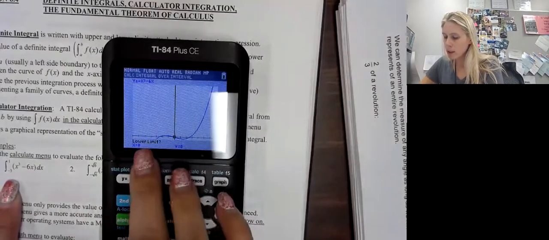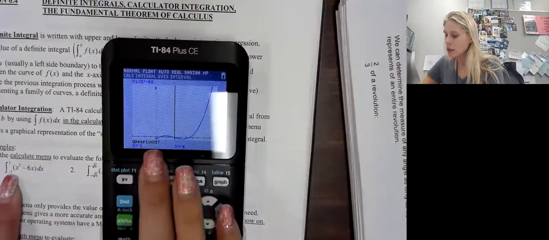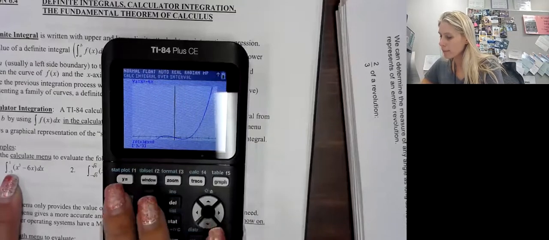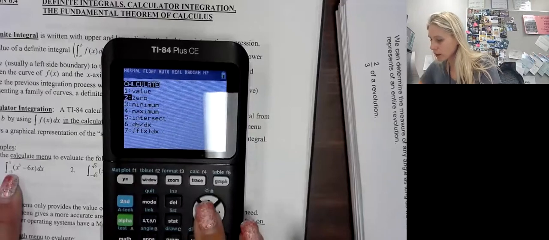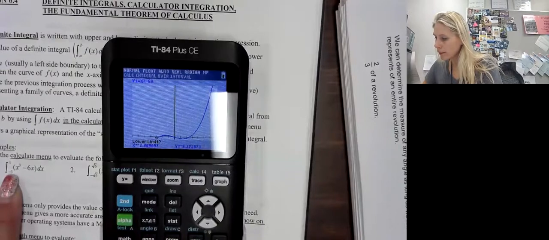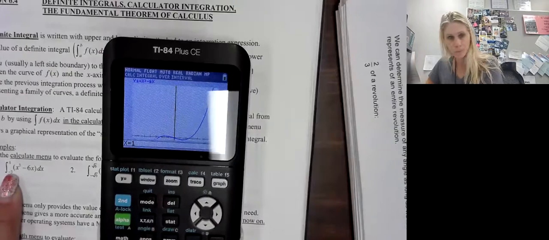And now my lower limit is going to be -3, enter. Oops, I didn't mean that. Let me start that over. Go down here. There we go. Lower limit. I just put in the value -3. Upper limit, I'm going to put in the value 1.